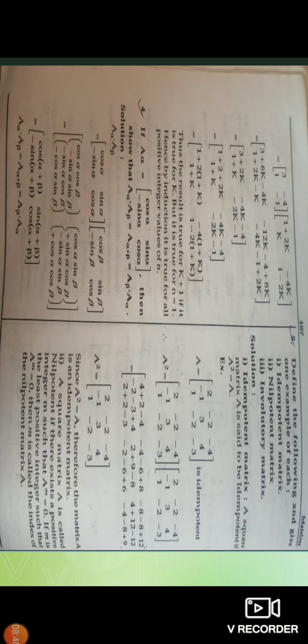We get cos alpha cos beta minus sin alpha sin beta, cos alpha sin beta plus sin alpha cos beta, second row minus sin alpha cos beta minus cos alpha sin beta, then last cos alpha cos beta minus sin alpha sin beta.